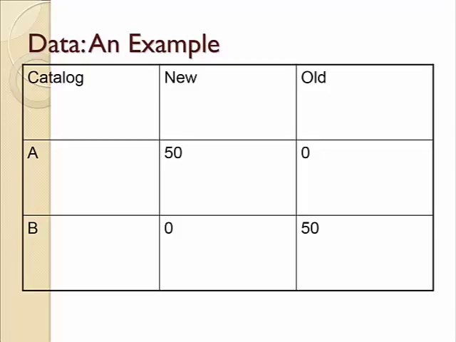So to answer this question, the manager pulls out 50 new and 50 old consumers and examines the catalog that they purchase from. Now with the data the manager pulled out, we find that all consumers purchase from catalog B. Now if we ask this question, is there a relationship between the customer type and the catalog that they purchase from based on the data, the answer is pretty obvious, right?